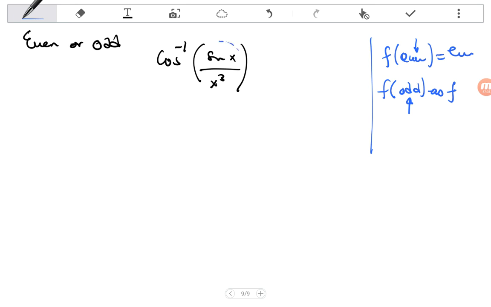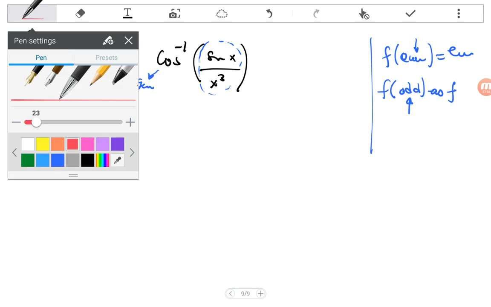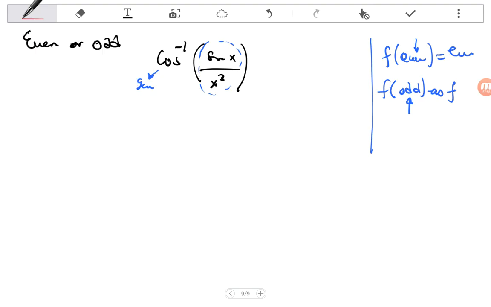So for this function, I have this function inside the cosine inverse. I know the cosine inverse by itself is general. But let's check the input function. I have a rational function which has a numerator and denominator. The sine x by itself is an odd function, so I just put a negative. And x cubed is also an odd function, it will be negative.